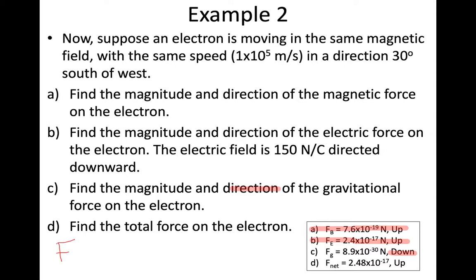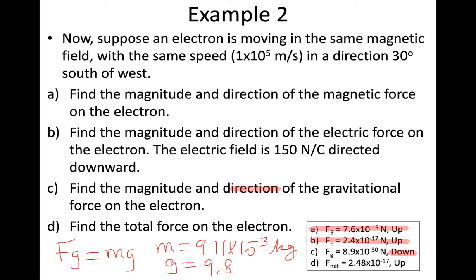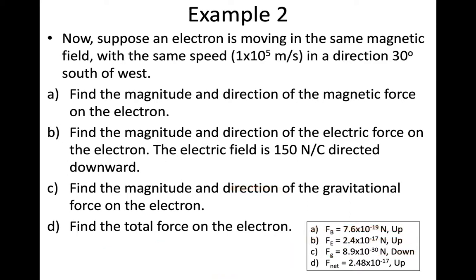We know m, it's an electron, 9.11 times 10 to the negative 31st kilograms. And we know g is 9.8 meters per second squared. And bam, we get 8.9 times 10 to the negative 30th newtons downward.